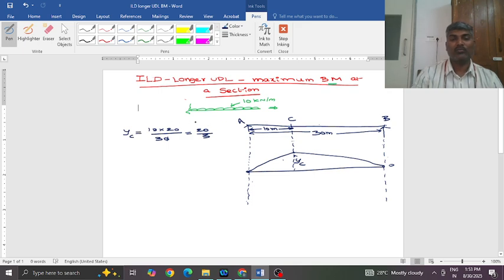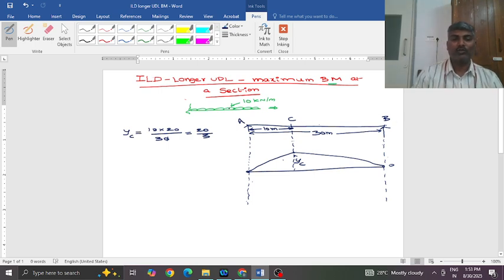This UDL is moving from left to right, so it can have any position along this AB. The load may occupy only this much, or maybe this much. Likewise, it can occupy any amount of span.